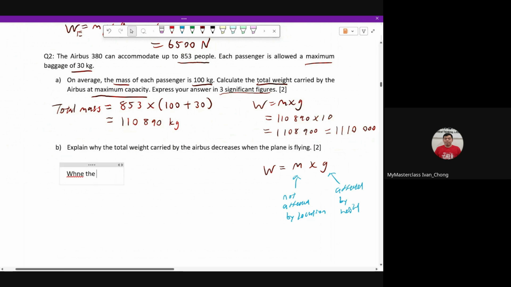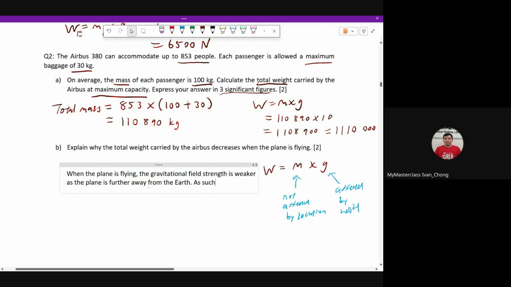When the plane is flying, the gravitational field strength is weaker, as the plane is further away from the Earth.